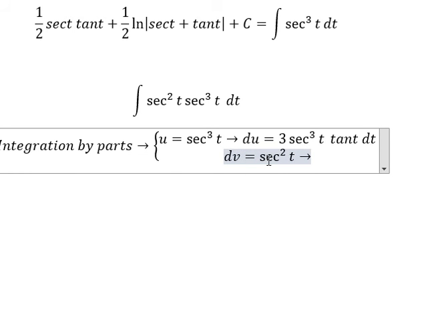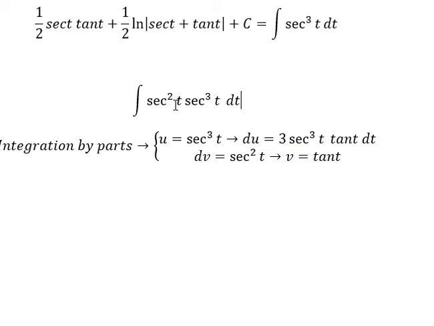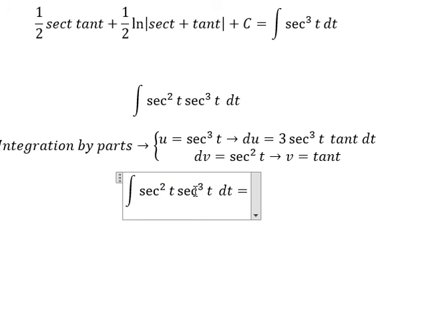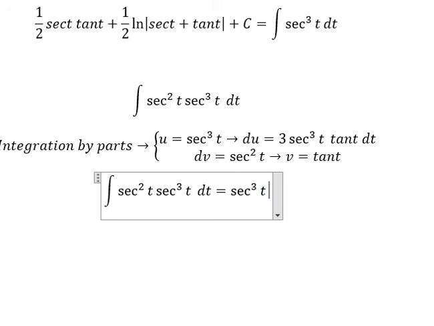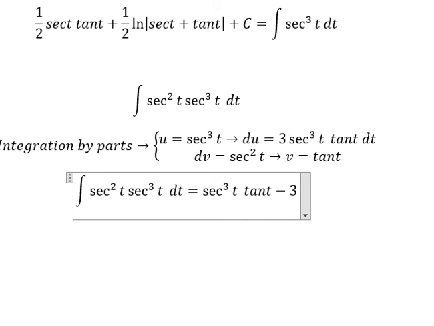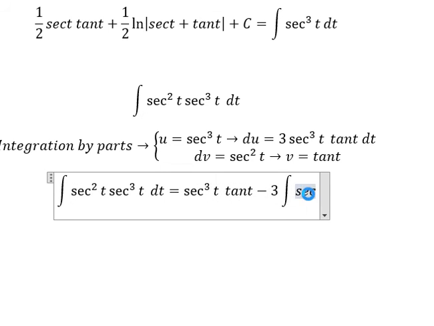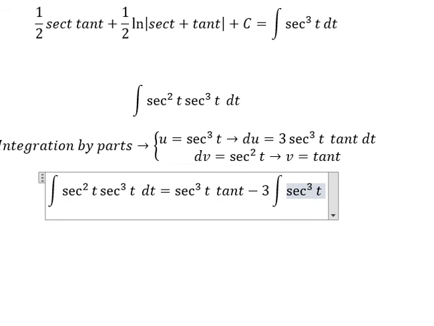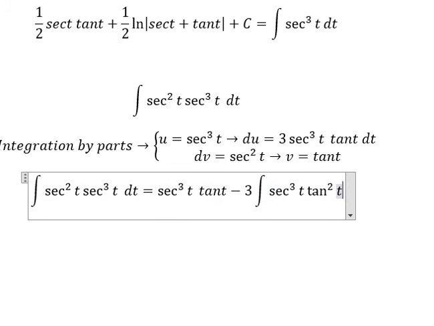If we do this integration, you get v equals tan t. So you get u multiplied by v. So we have du multiplied by v, and you get 3 times the integral of secant of t to the power of 3 multiplied by tan t squared dt.